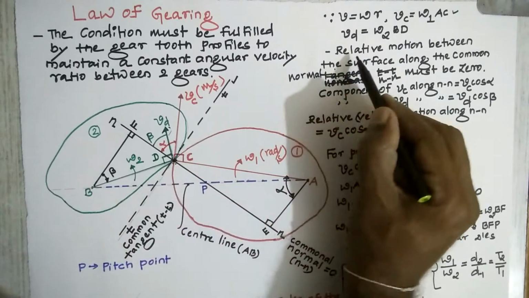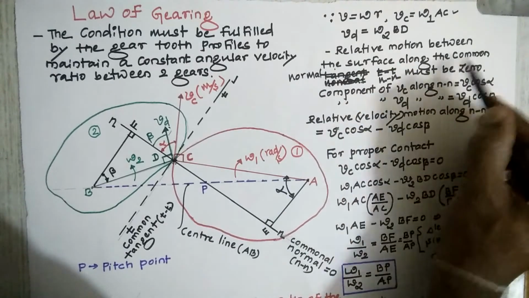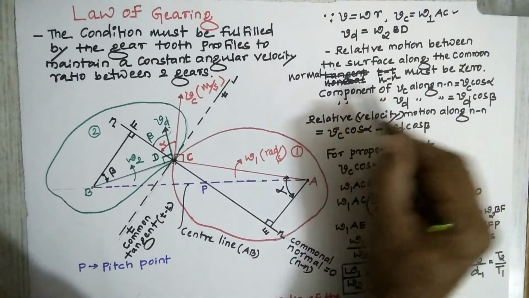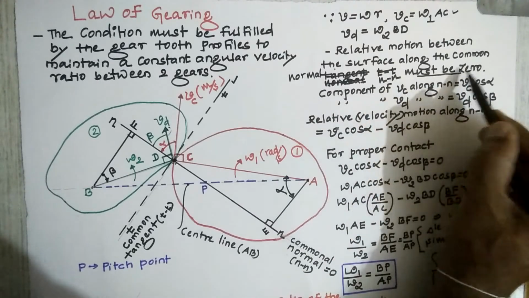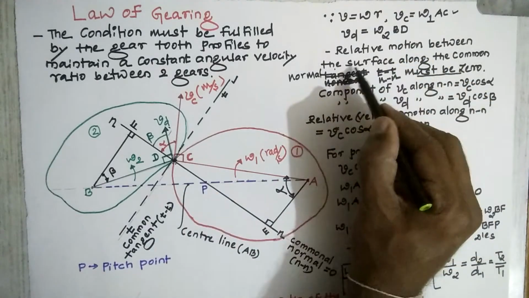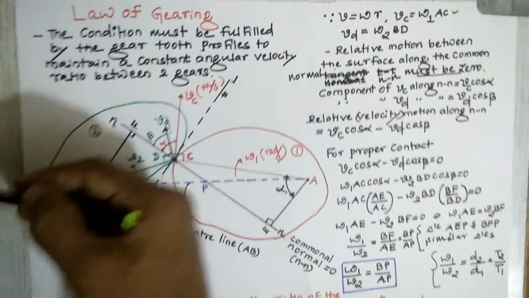Then one concept comes: the relative motion between the surfaces along the common normal NN must be 0. What is the meaning of this?